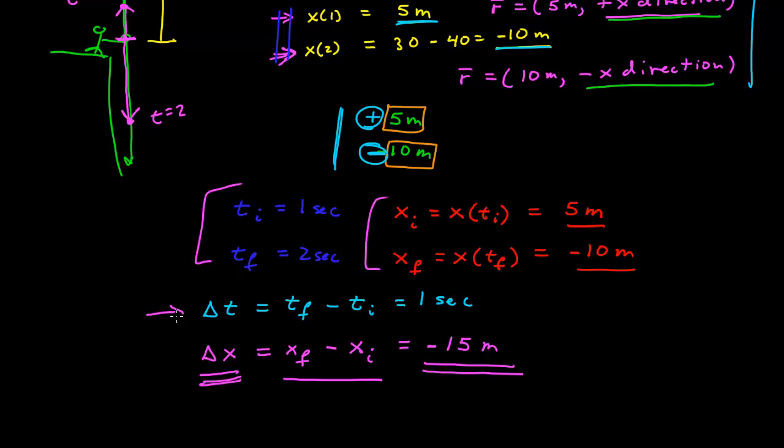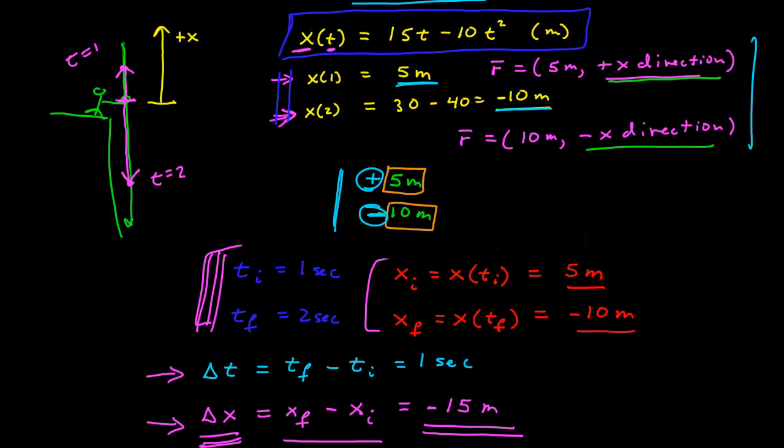We can calculate the time difference, we can calculate the displacement, and all of those come from specific choices about these two specific points in time, and how that is distinct from our position function of time.